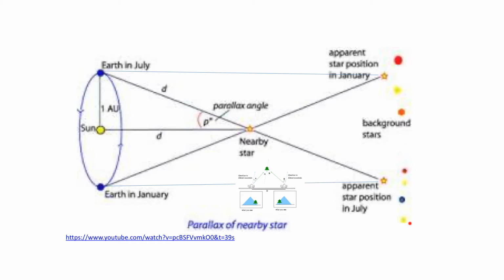And then in the background, we've got a series of further away stars that don't tend to move as much, and that's similar to the diagram at the bottom and the one in the video when he was looking at the mast in the background. So 2 different times of year will give us an angle, and then we take part of that angle, and that is called our parallax angle.